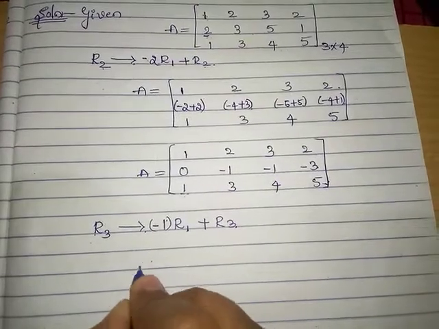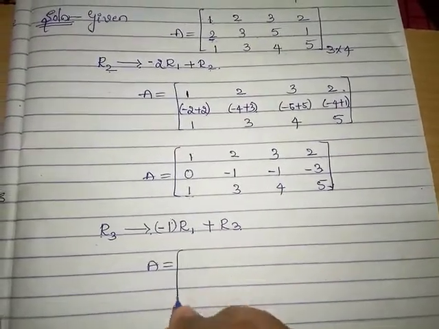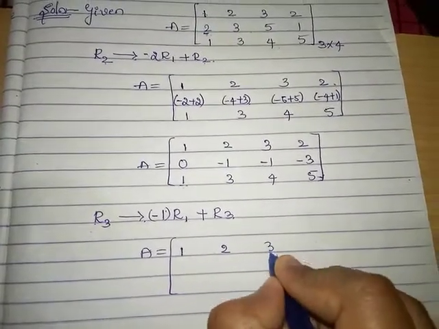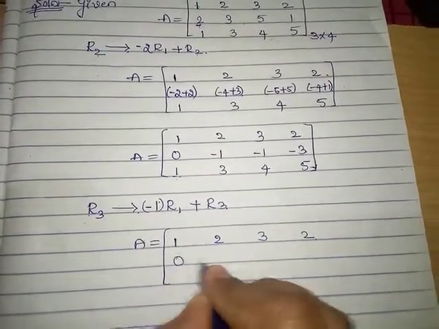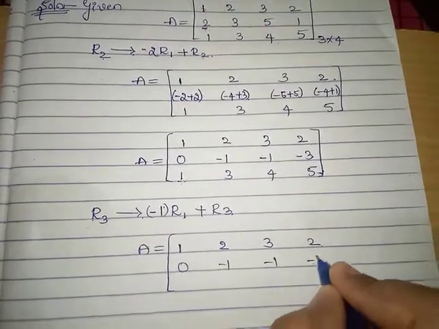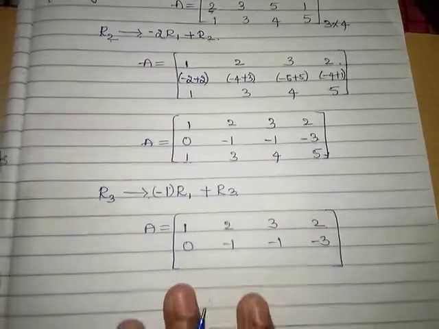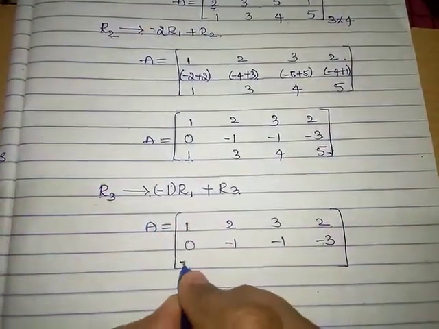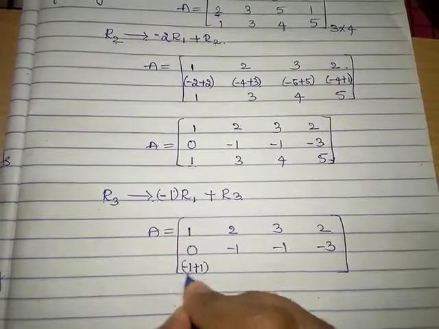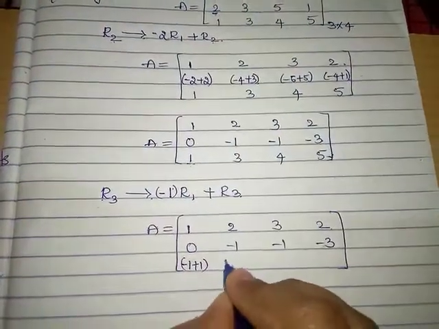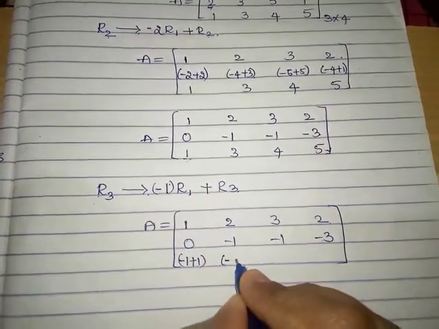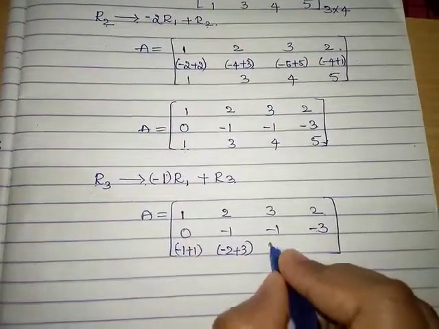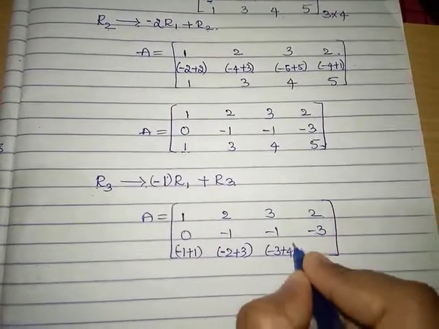Then the matrix A is equal to what? Here the first row and second row are as they are, because I am applying the transformation only for R3. Next is minus 1 plus 1. Then minus 1 into 2 is minus 2 plus 3. Minus 1 into 3 is minus 3 plus 4.